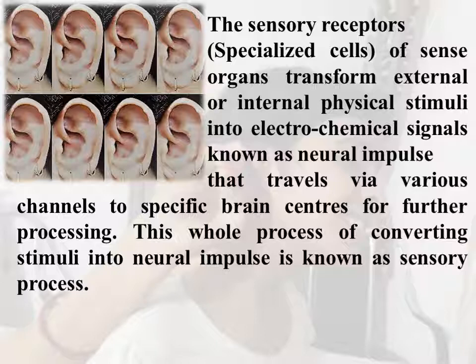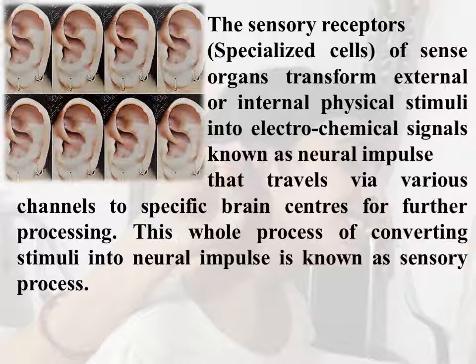The important point I want to make here is that these receptors are instrumental in transforming, converting, or modulating the physical stimuli into the language that is understood by the brain. That language is known as neural impulses. So the only function of receptors, you could understand, right?